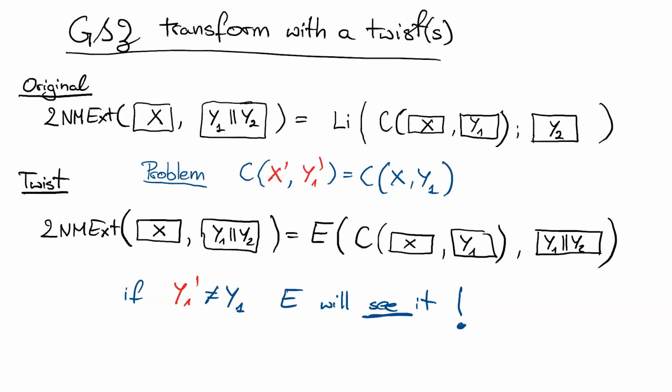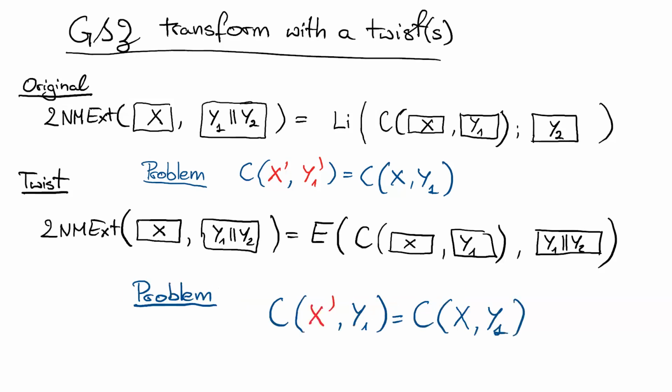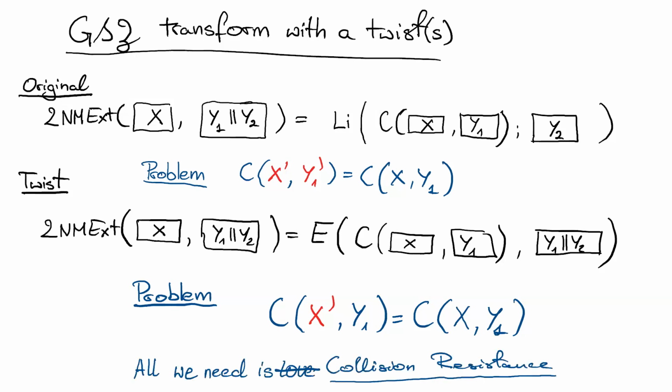So in this case, this extractor will output something independent. So the problem reduces to this problem. What if I can produce X and X prime that are correlated but not equal, such that the output of the extractor stays the same? And that's great because that's collision resistance, right?